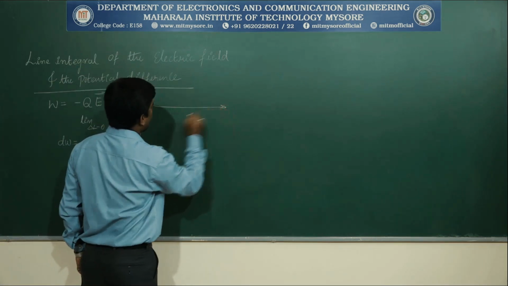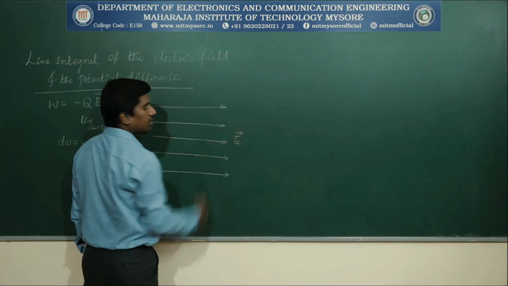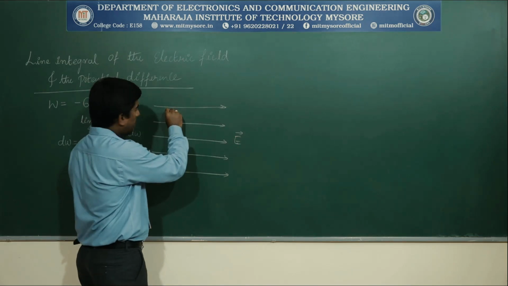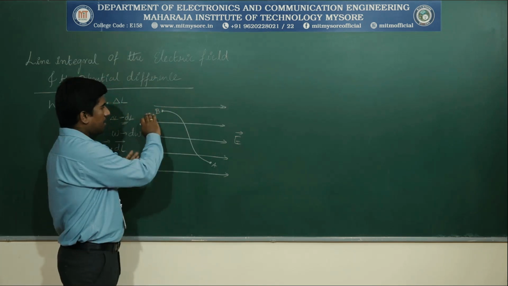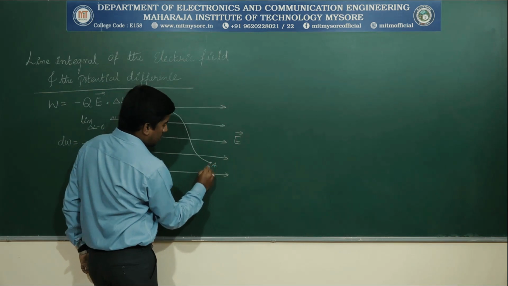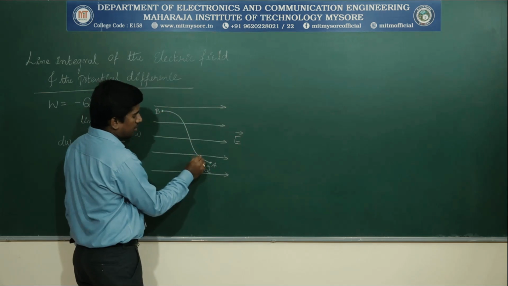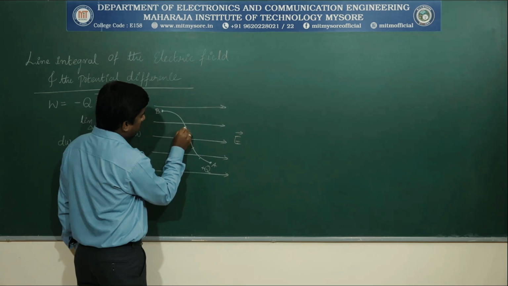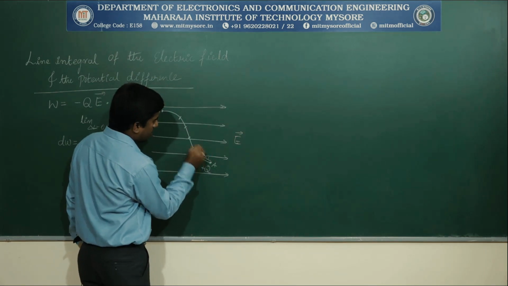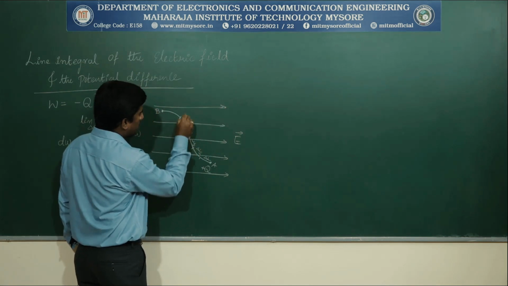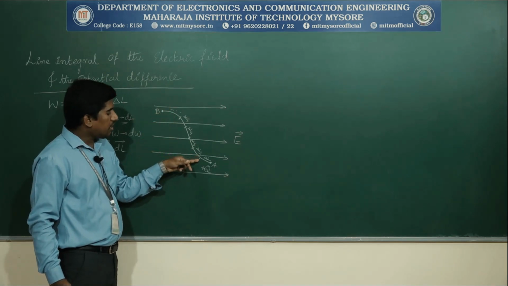Let us choose a uniform electric field E. Let us choose arbitrary points A and B. The charge at this point is Q, unit positive charge, plus Q. The distance from A to B is divided into small segments, delta L1, delta L2, delta L3, delta L4, delta L5 and so on.